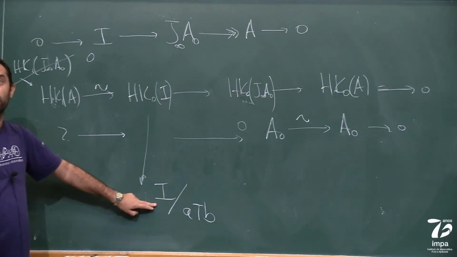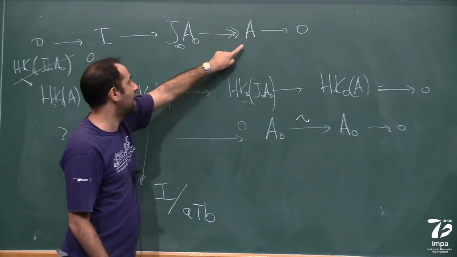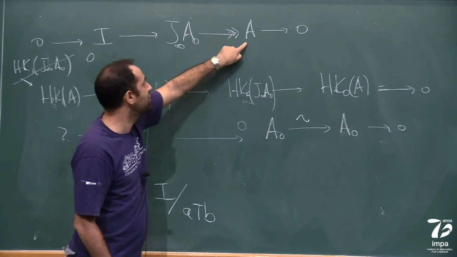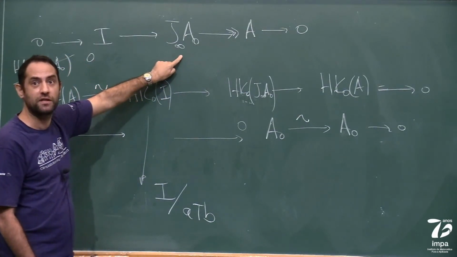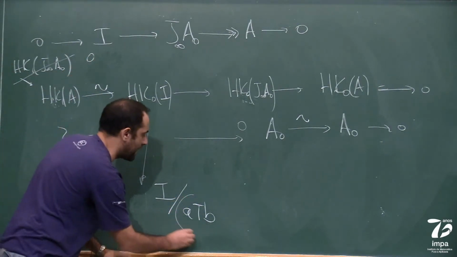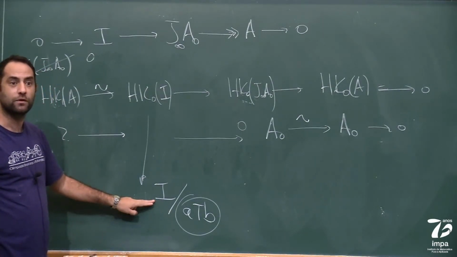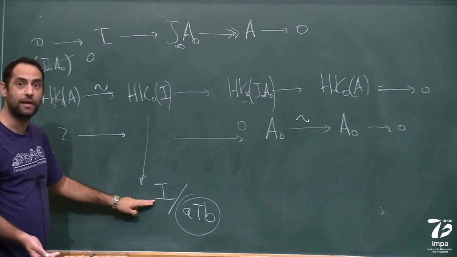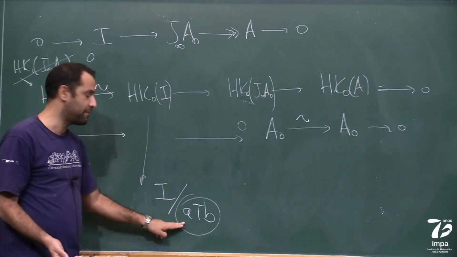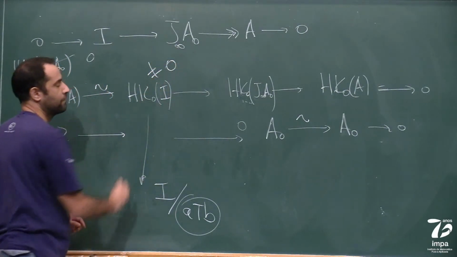It's explicitly generated in degree bigger than 0 because I assumed that this algebra was generated by A naught as a differential algebra. So the degree 0 piece of this algebra is equal to the degree 0 piece of this algebra. So this ideal here has no elements in degree 0. That means that all of these guys are bigger than the smallest degree in I. So if you take the subspace of I that has the smallest possible degree, which is bigger than 0, it can never contain elements of this form. So that means that this space is non-zero. Therefore, this space is non-zero.